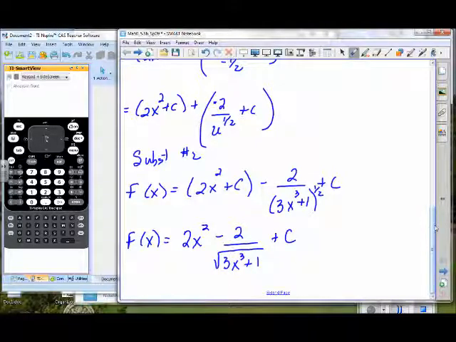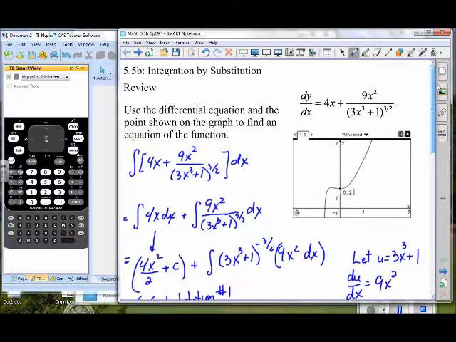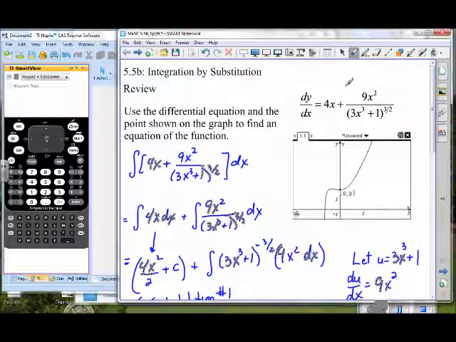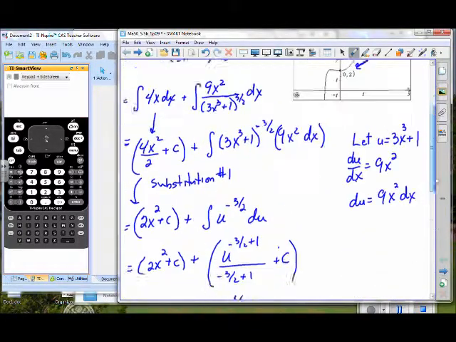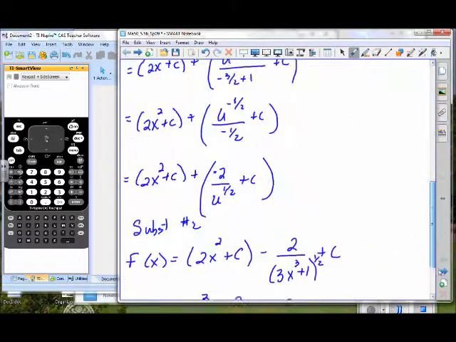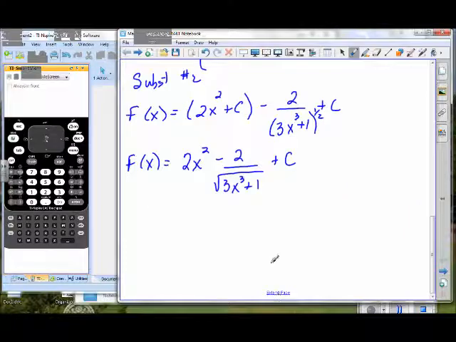Now the problem could stop there, except that it says in the original problem, use the differential equation and the point shown. So this is the point we're looking at, the point shown on the graph, to find the equation of the function, which is the antiderivative function. So we have the point 0, 2.